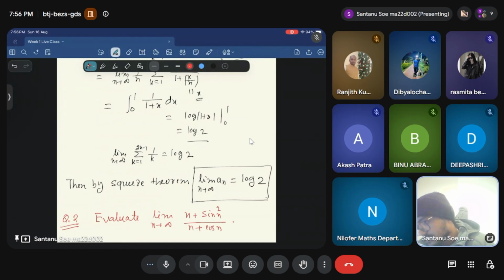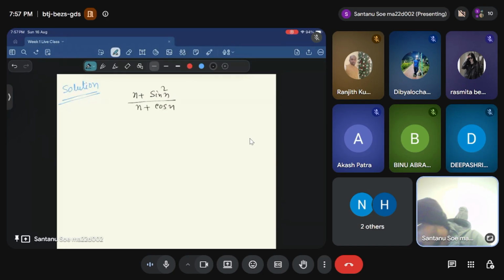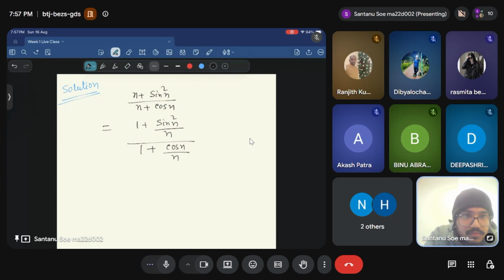So first see that (n plus sine square of n) divided by (n plus cos of n) is the same as 1 plus (sine square of n divided by n) over 1 plus (cos of n divided by n).